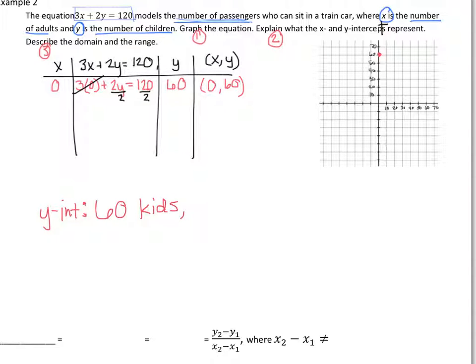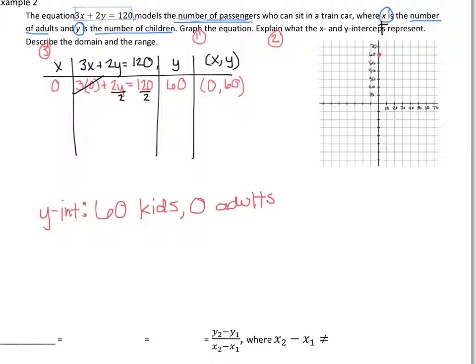And how many adults? 0 adults. So no chaperones, just 60 crazy children. I don't imagine they'll be sitting very much. Reminds me of the Polar Express. Yes. All right, so look, we already got part of our second task done.